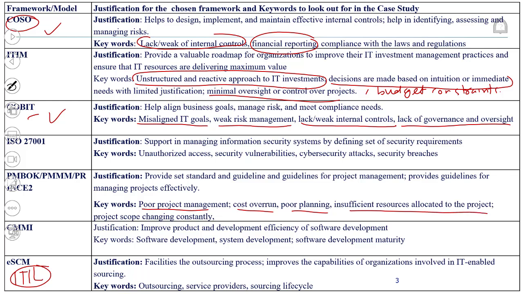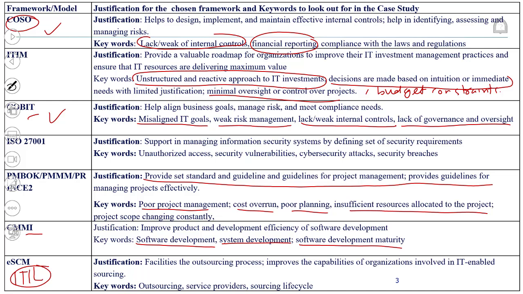So, poor project management, cost overruns, poor planning, insufficient resources. You see those, think about any of those frameworks, and you can provide that as your justification. CMMI is mainly used for software development. Some of the keywords you could see in your case study would be things to do with software development, system development, software development maturity.